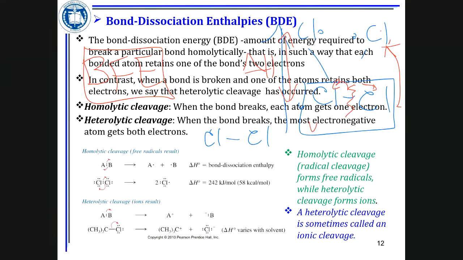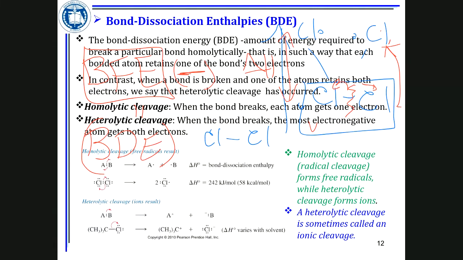So we have bond dissociation energy, that is BDE. We have bond formation energy. Bond formation energy is going to have a negative value for delta H because energy has been released.